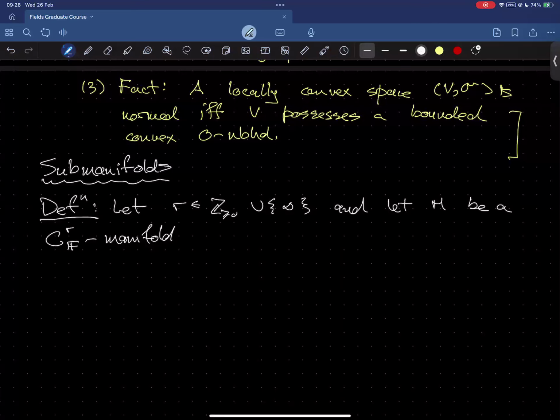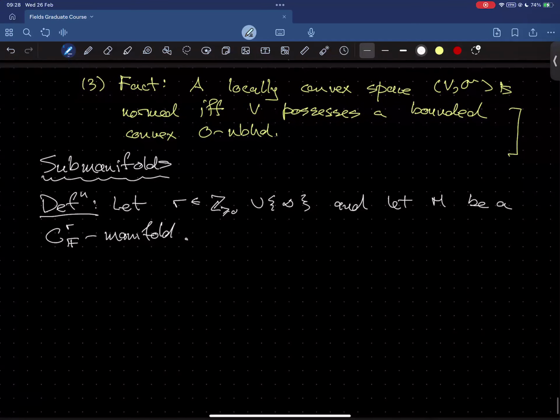Okay, so a subset S of M is a submanifold.